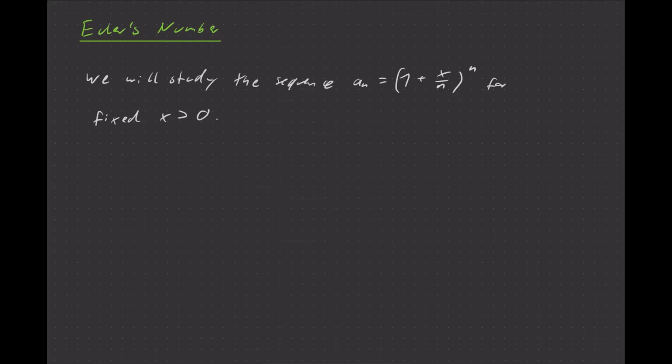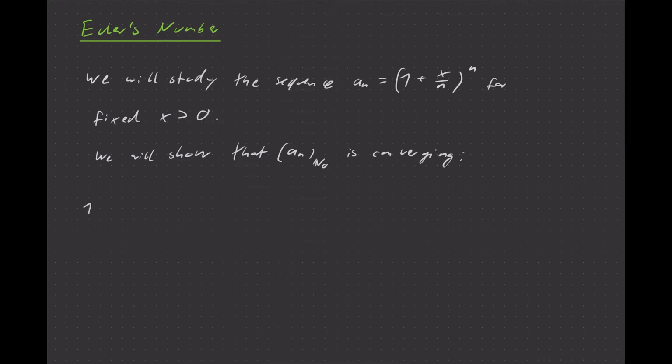So the first goal is to prove that this sequence is actually converging. We will show that the sequence a_n with index n in N_0 is converging.